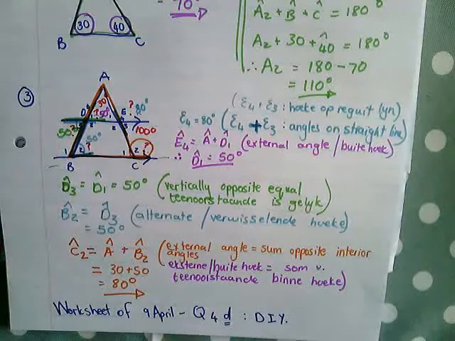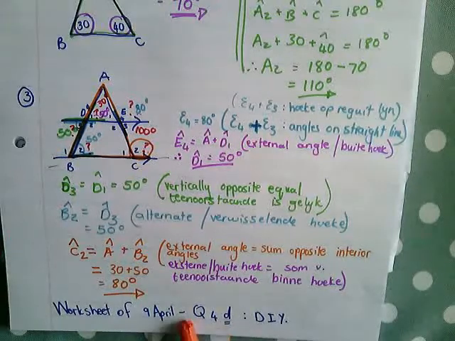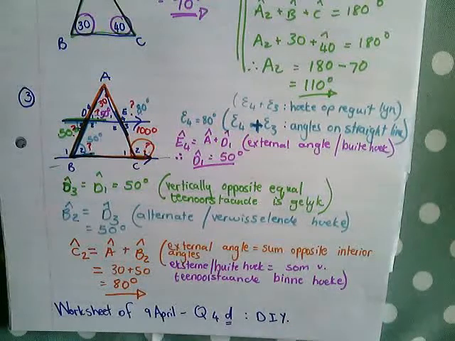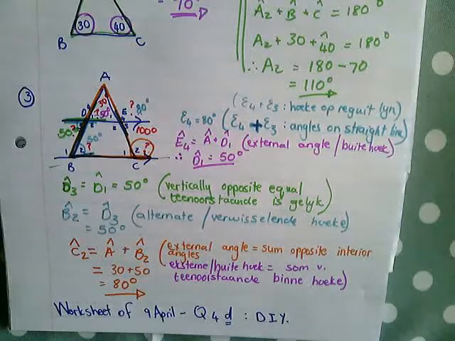For D, please go back to that and do 4D now as a DIY. Do it first, and then you can go to the next video, which will be the answers.